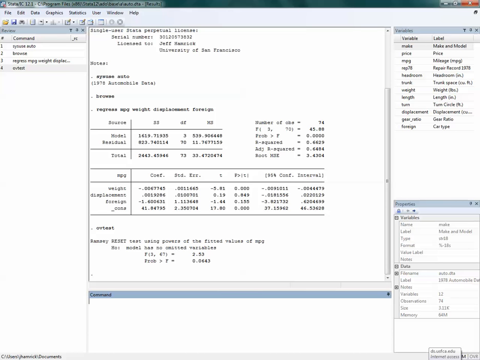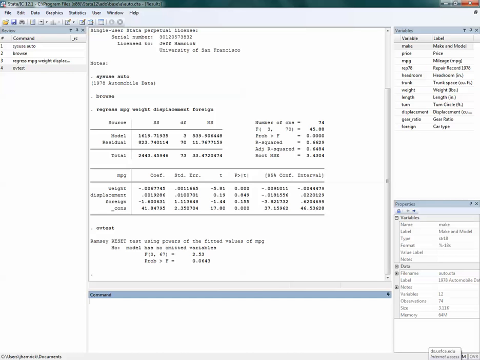And in the extended model, in which we add y hat squared, y hat cubed, and y hat to the fourth power, we have 74 minus these 4 degrees of freedom associated with these coefficients that had to be estimated, minus 3 additional degrees of freedom due to y hat squared, y hat cubed, and y hat to the fourth power being considered as being added to this model. So that's why we have 3 and 67 degrees of freedom for the numerator and denominator respectively.